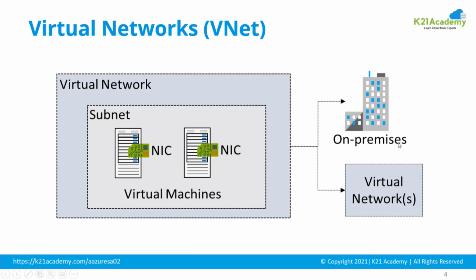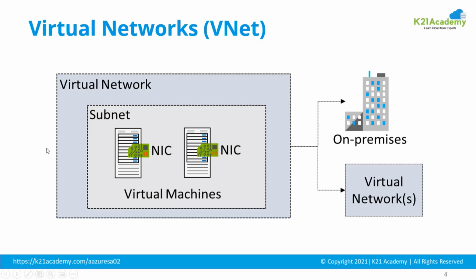So you have a virtual network, that's the outer line. We already saw that. And then within a virtual network, you create something called a subnet. When you create a virtual network, you get a bigger IP range, or a continuous block of IP addresses.